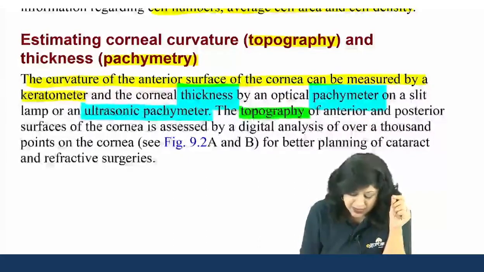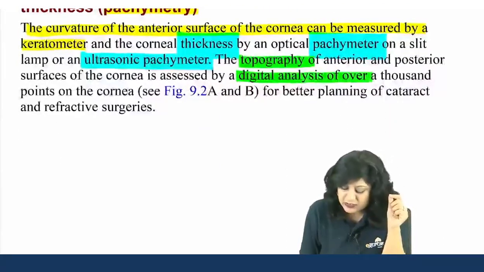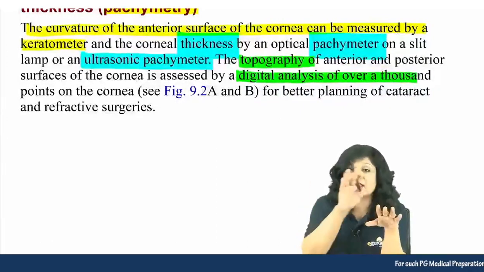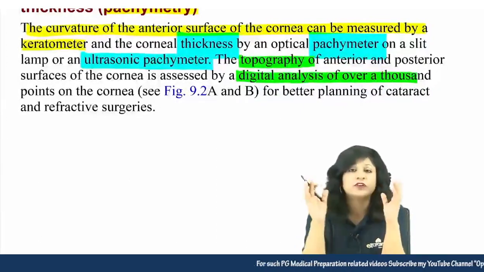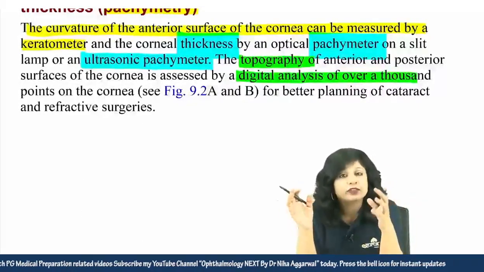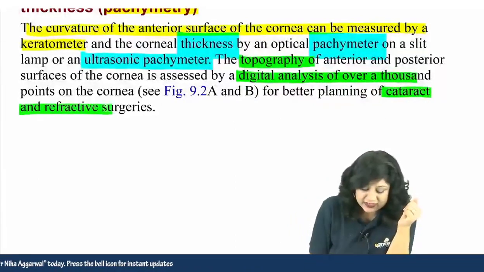Then the third thing is topography. Topography of the anterior and posterior surface is done by digital analysis over several points, because if I want to know the surface, I require the whole surface of the cornea. So digitally we are analyzing many points at a time on the surface of the cornea, for better planning of cataract surgeries as well as refractive surgeries.